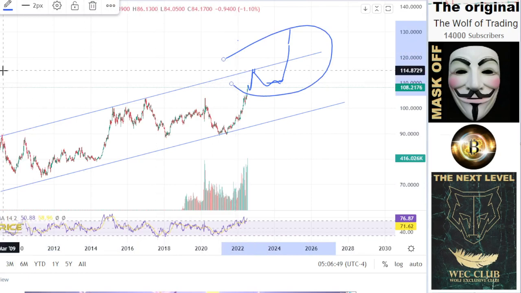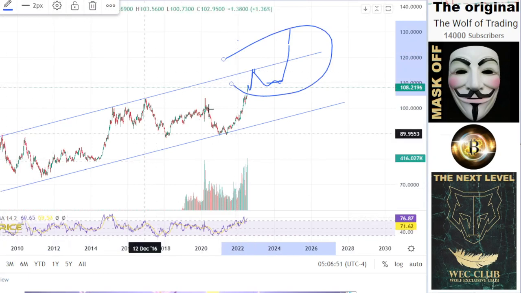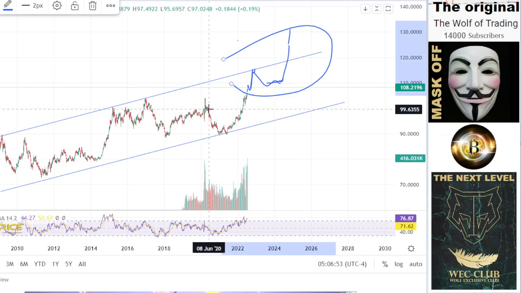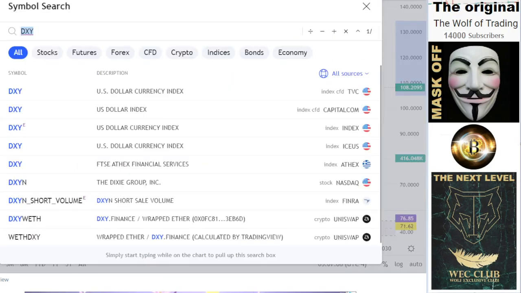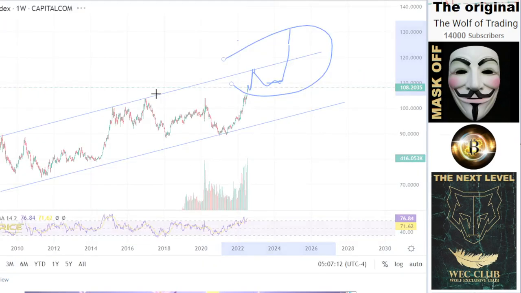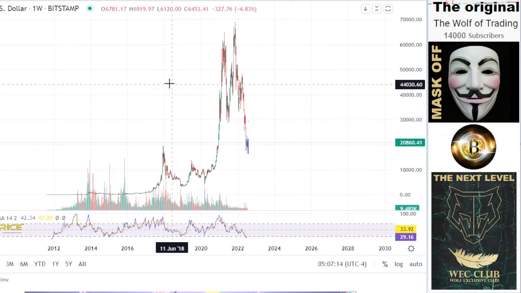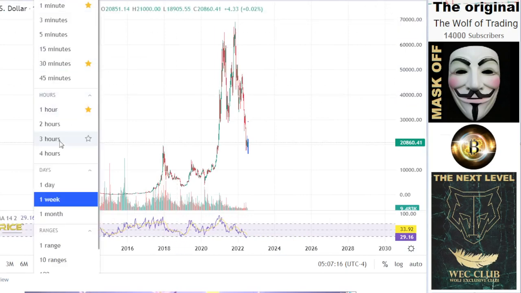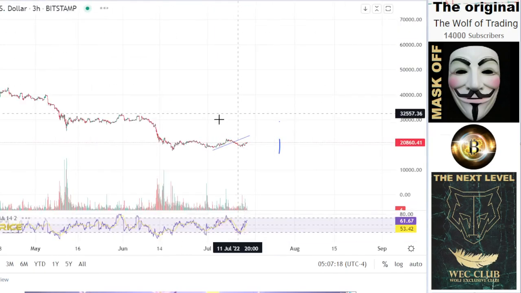So we have two signs, or three with the interest rates that the Fed will raise because the inflation is 9.1%. We have three signs that give us the information that the Bitcoin price will fall. Now, in addition to these three, I see negativity in the chart.